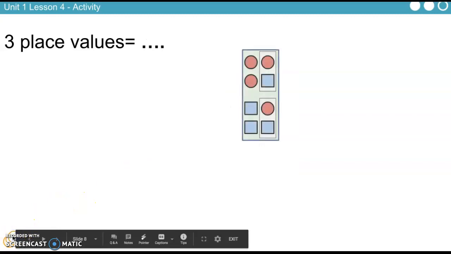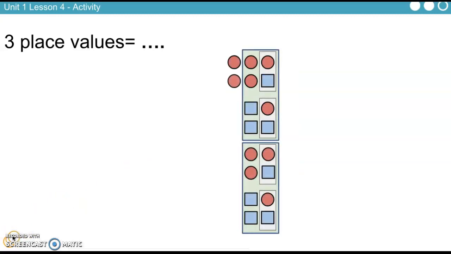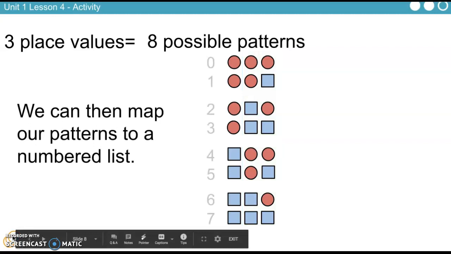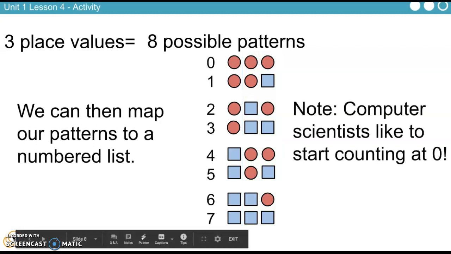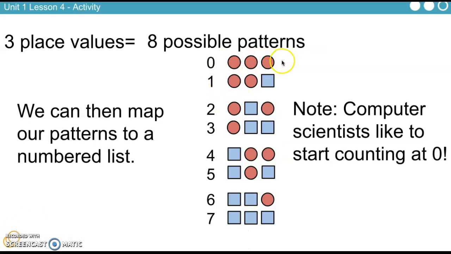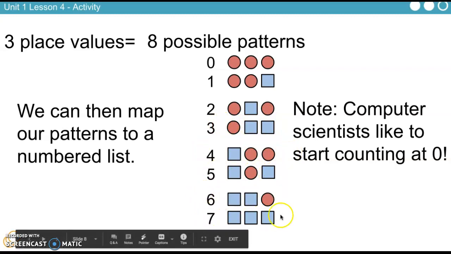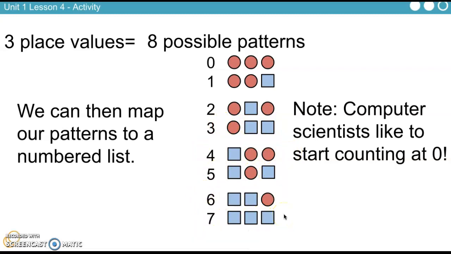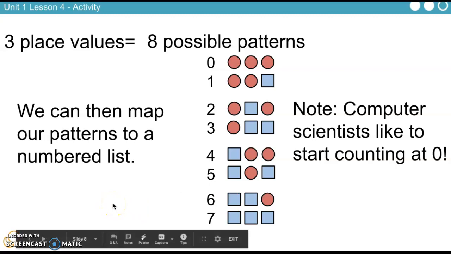If I have three place values, there are 8 possible patterns. And really what you're doing is you're just trying to figure out all the different combinations, but this should, as yesterday, follow some rules, right?